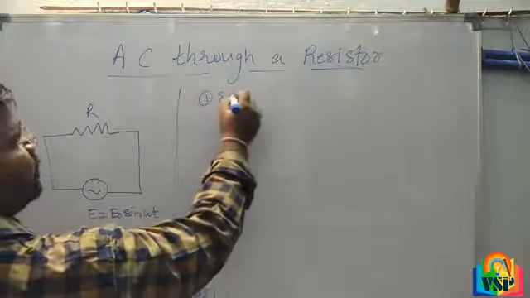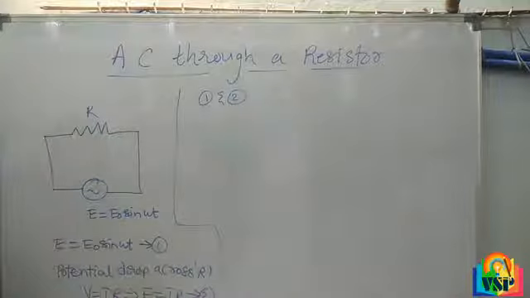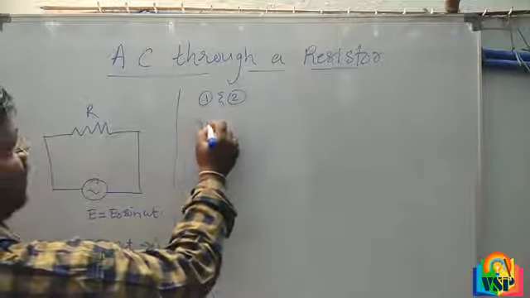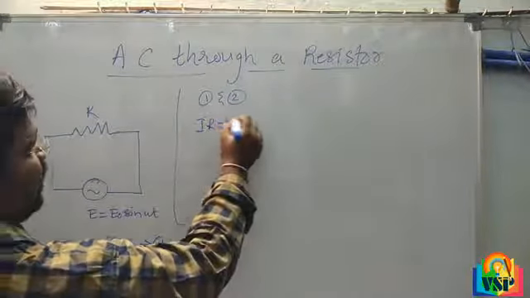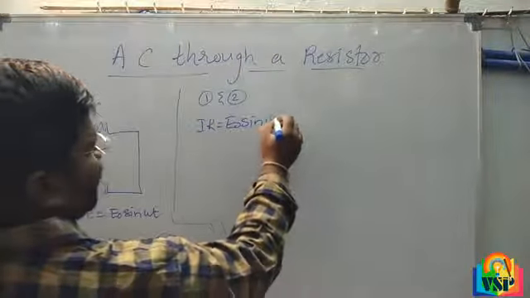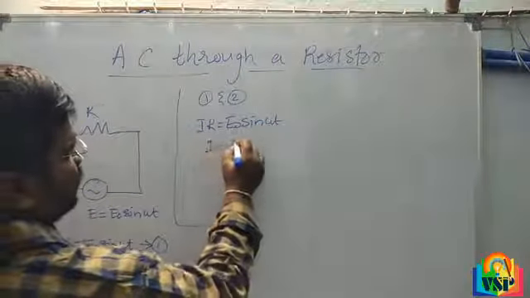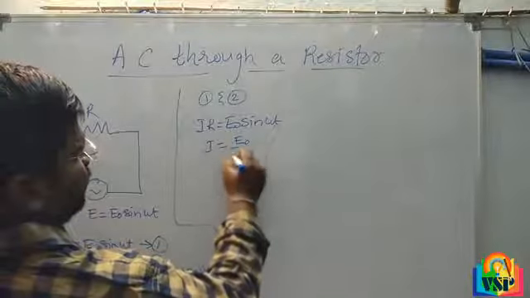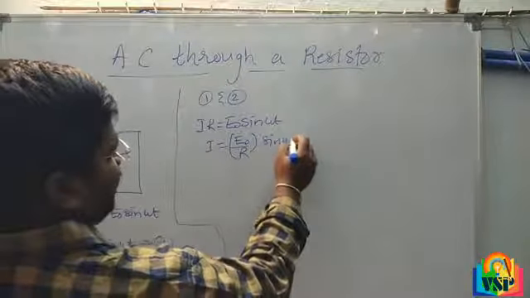From equations 1 and 2, IR is equal to E naught sin omega t, so I is equal to E naught by R sin omega t.